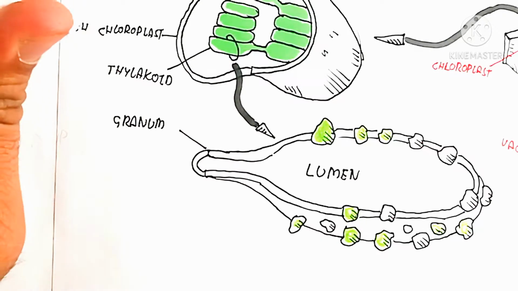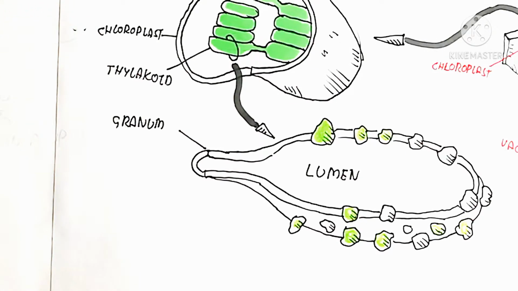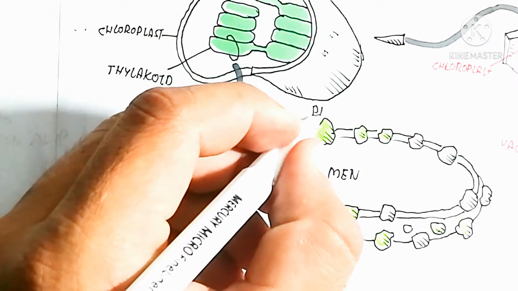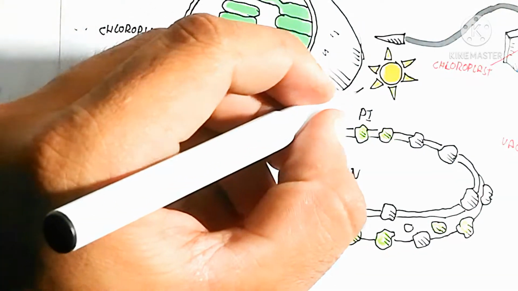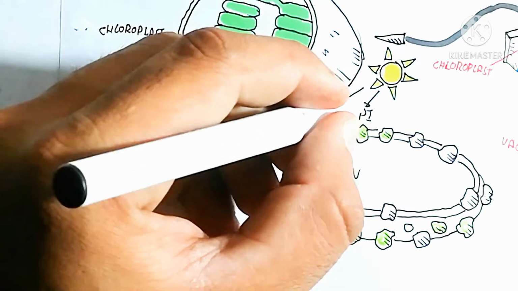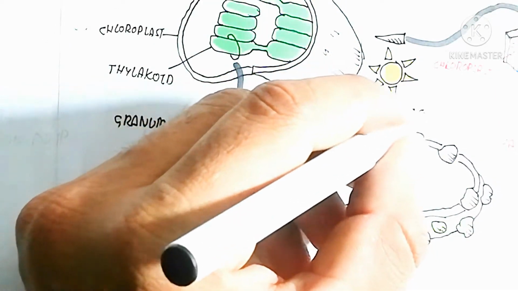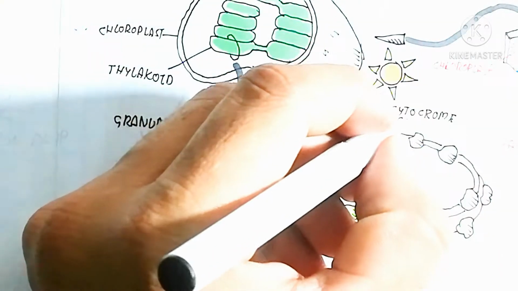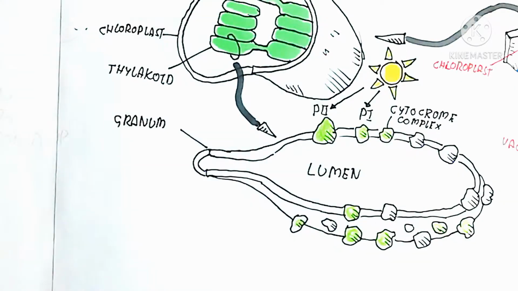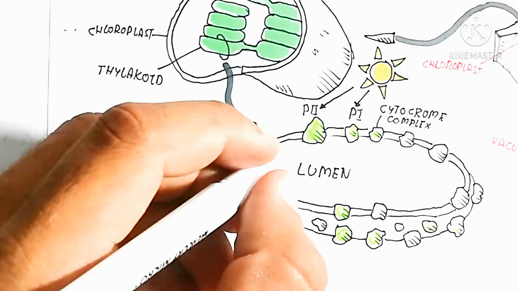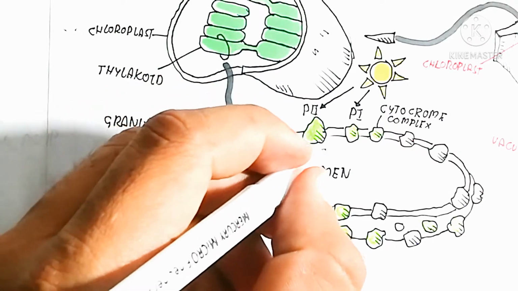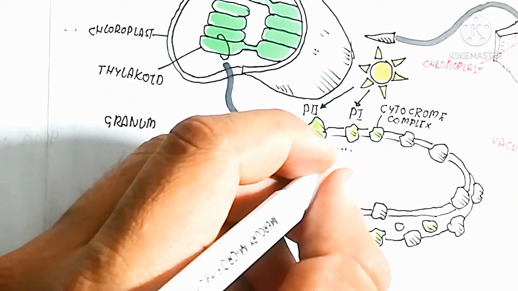Here I am giving the cross section of the granum which contains different complexes as well as photosystems. These photosystems contain chlorophyll. The chlorophyll absorbs the light and moves the electron. The electrons absorb light one by one, and we will discuss the whole detail.